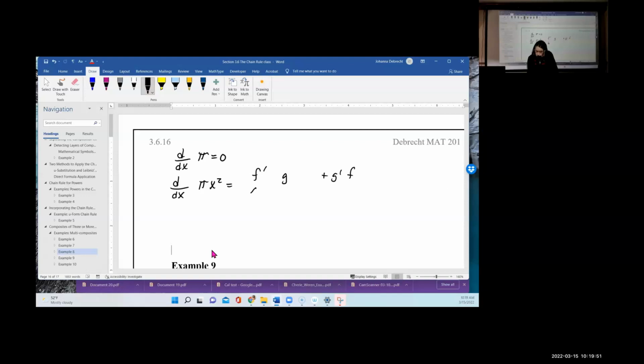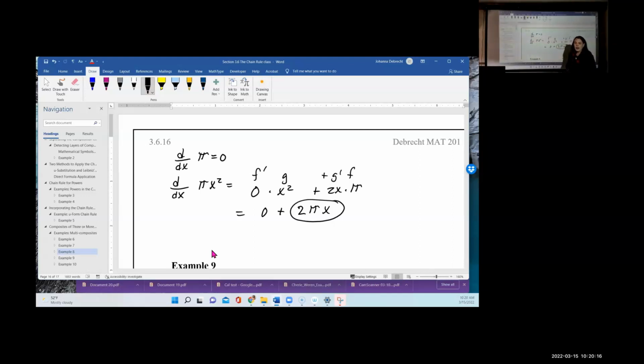The derivative of pi is 0 times x squared plus 2x times pi, which gives me 0 plus 2 pi x. Okay, does that make sense? Hopefully I've cleared up that confusion now.